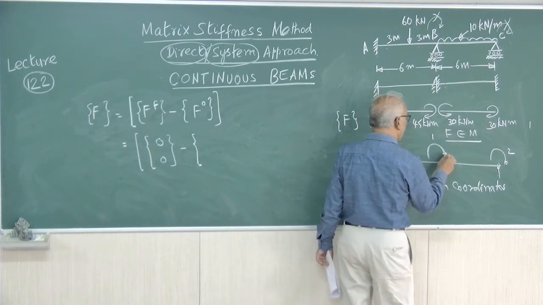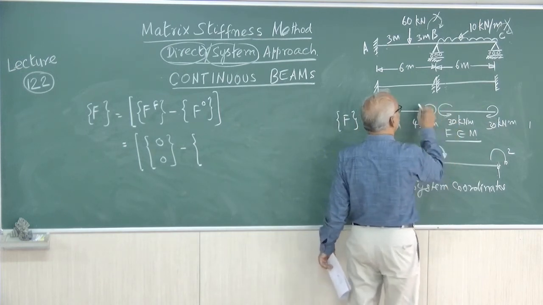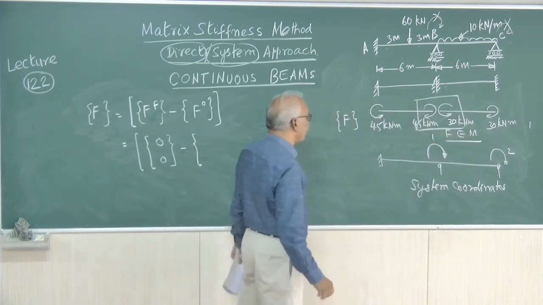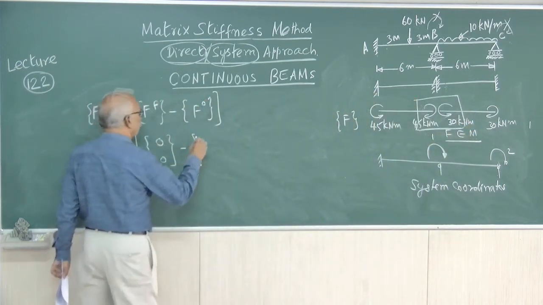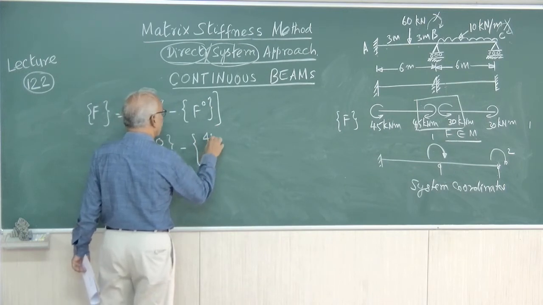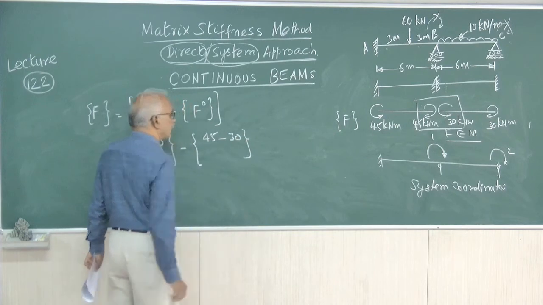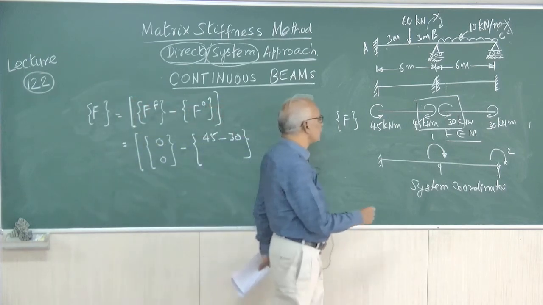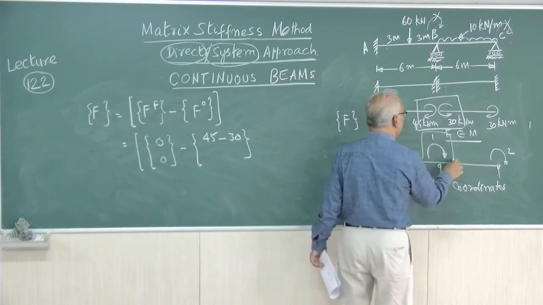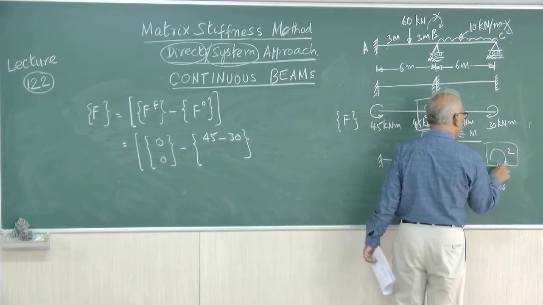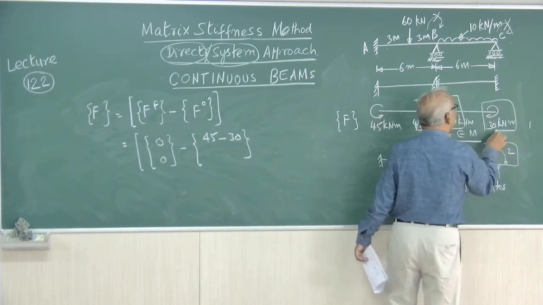Along the system coordinates, you have to consider these two moments. One is 45, and the other one is 30. This is along system coordinate 1, right. For system coordinate 2, the corresponding value is plus 30.